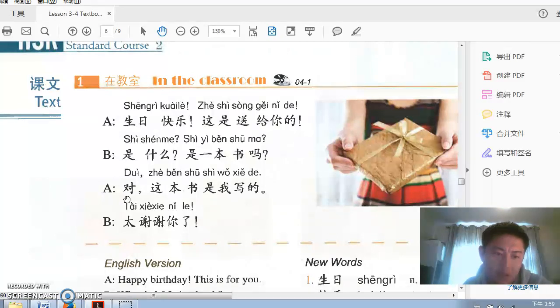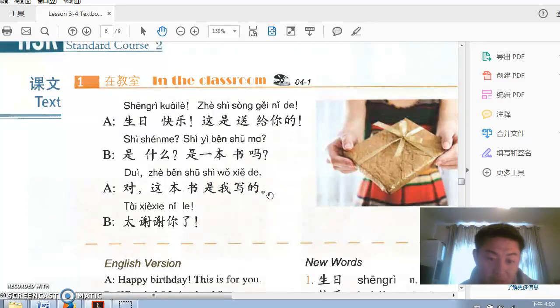That means right. 这本书是我写的. This book is, right? What kind of book? I wrote. So 这本书是我写的书, you can view this sentence like that.